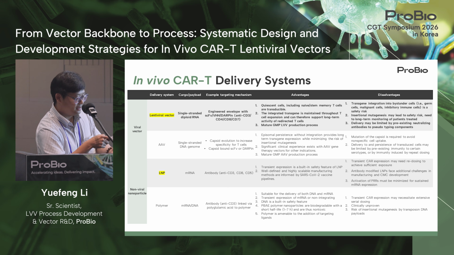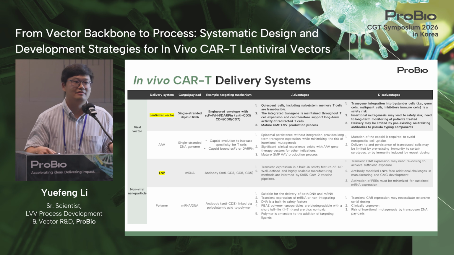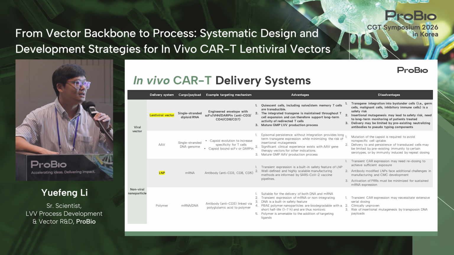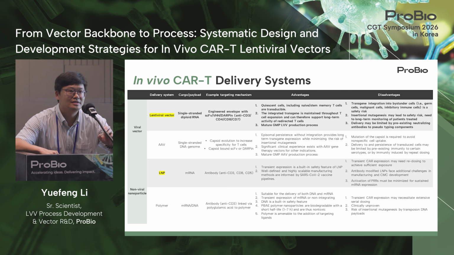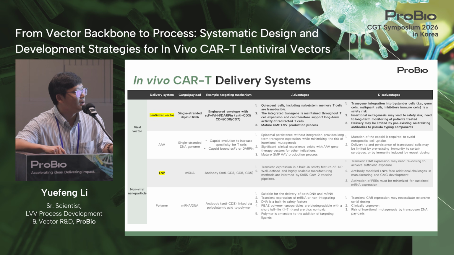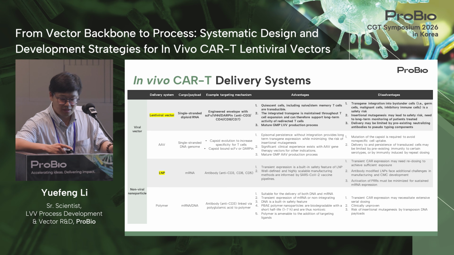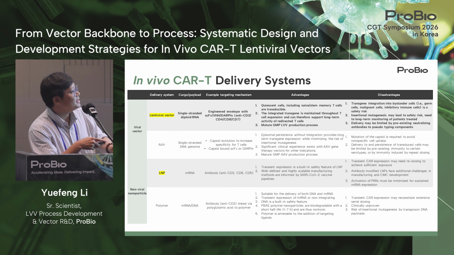But there are also risks for lentiviral vectors. Sometimes it gets integrated into the loci of oncogenes and will activate the oncogene expression. But we will try to limit this risk.